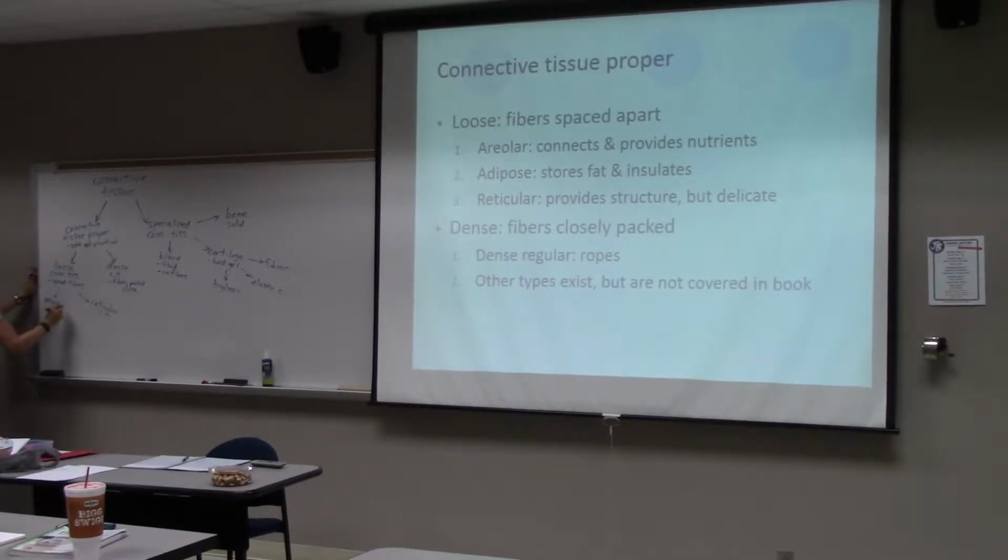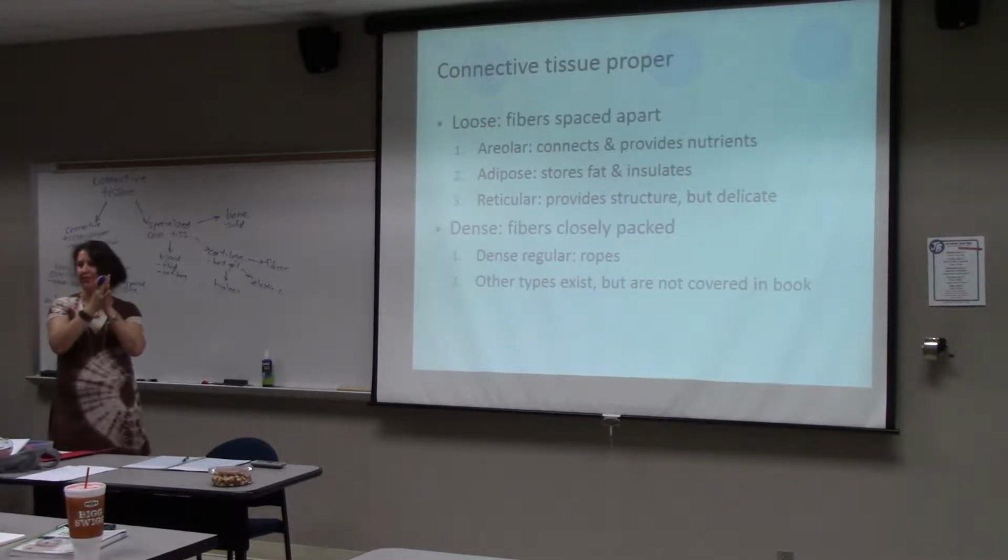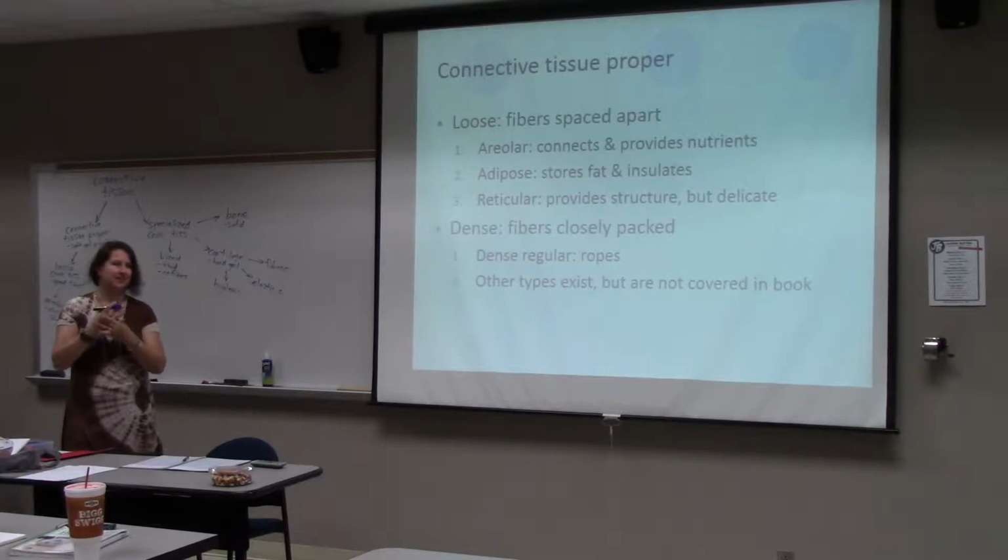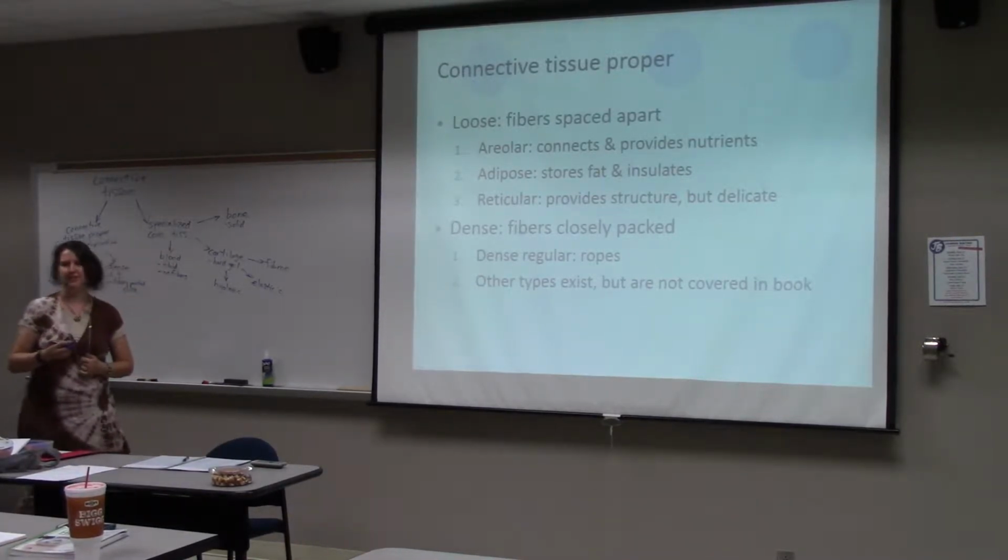Areolar has both elastic and collagen, just reaching out any direction. The areolar is a delicate tissue. It can't provide any structure, but it can hold things together, and it has a good blood supply to provide nutrients to other ones.